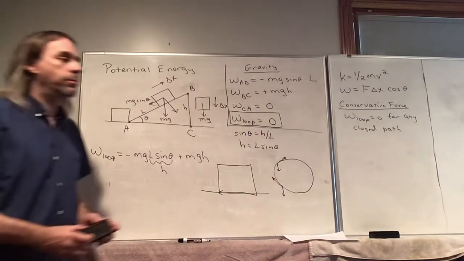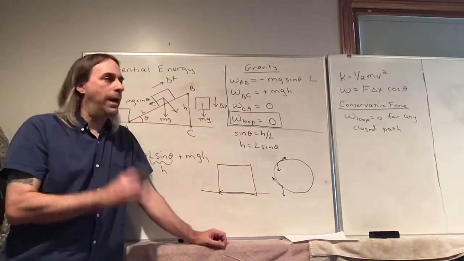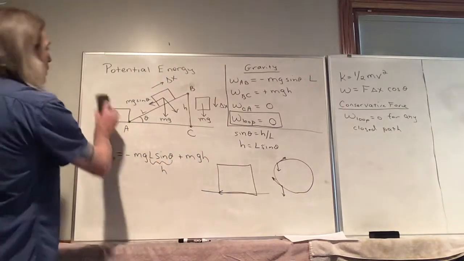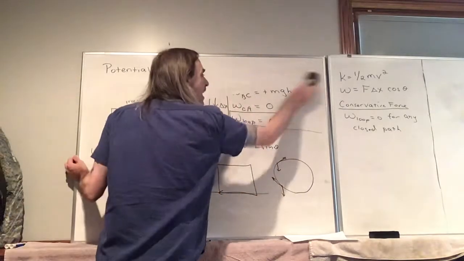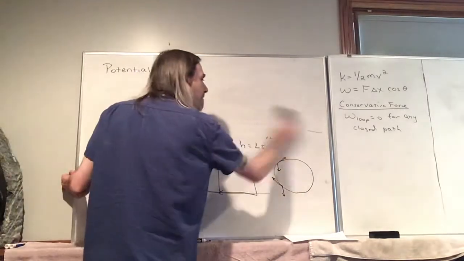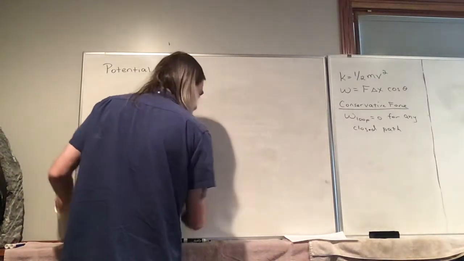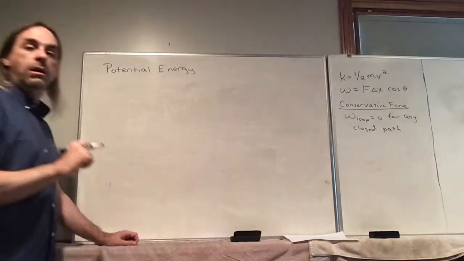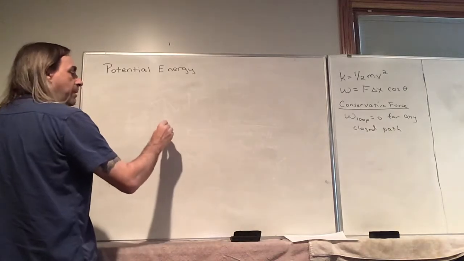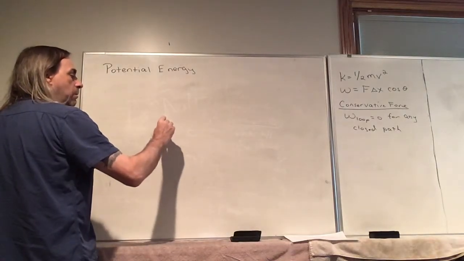Okay, now that raises the question, why do we care if a force is conservative or not? So let's say we have a conservative force, and let's say we take some loop.